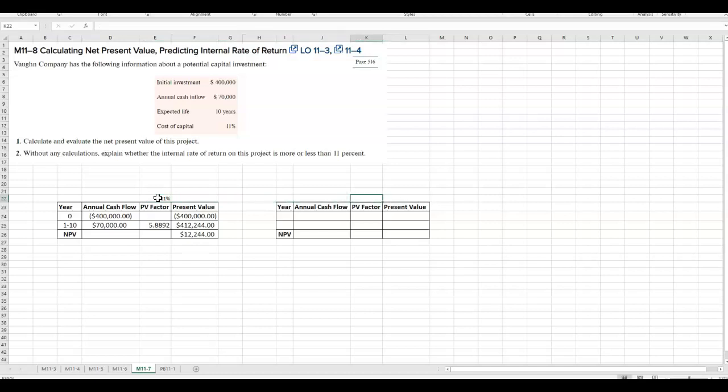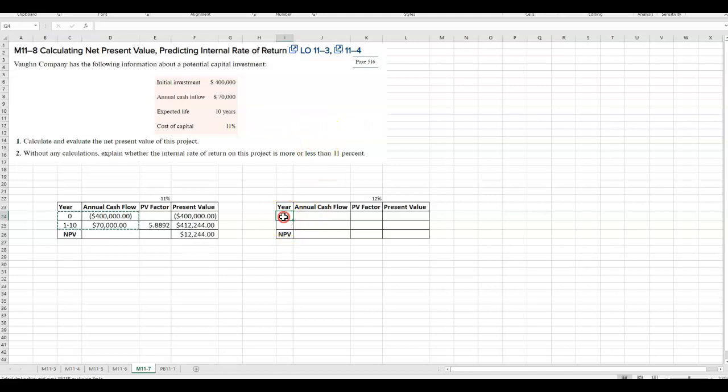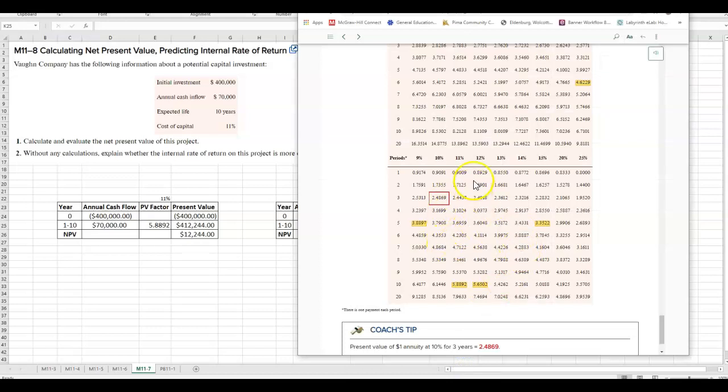Let's do one at 12%. So we have this same information here. So I'm just going to copy this over. 400,000. We need a new factor because now we're at 12%. So we'll do 12% for 10 years.